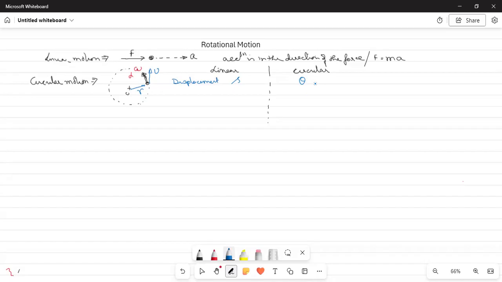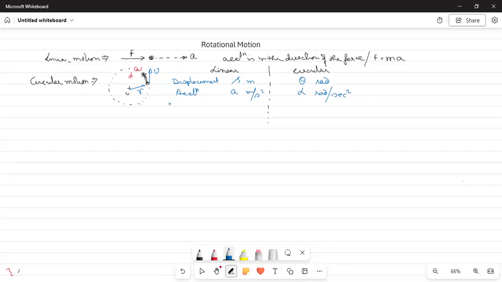And I remind you, theta is always expressed in radian. Now, in linear motion, acceleration is designated by a. In circular motion, acceleration is designated by alpha, in radian per second square. Displacement is meter and acceleration is meter per second square.